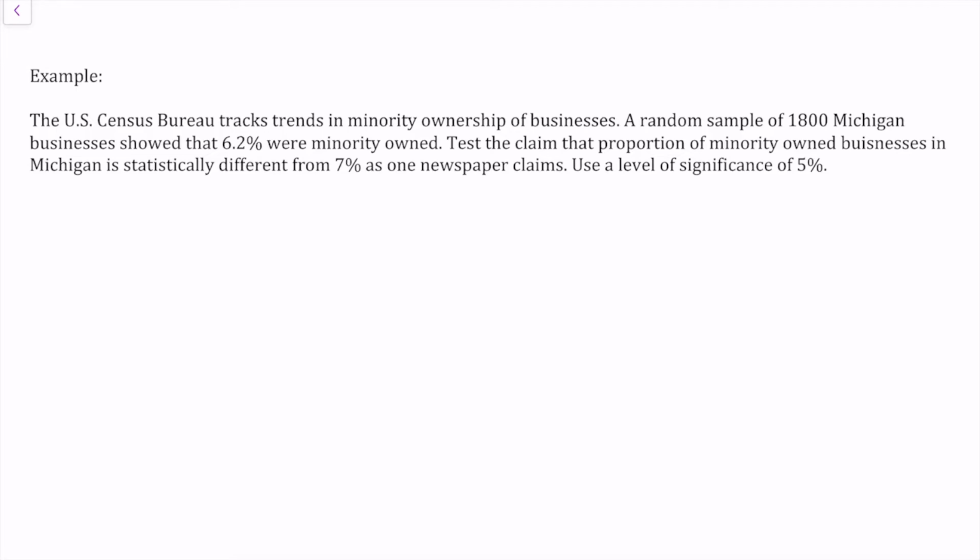Okay? All right, so once again, we don't list out the steps here, but let's go through all of our steps. Let's check the conditions. Okay? So checking conditions, let's talk about the independence assumption. To do that, we check randomness, and we check less than 10% sampled. Okay? Well, let's see here. A random sample of 1,800 Michigan businesses.